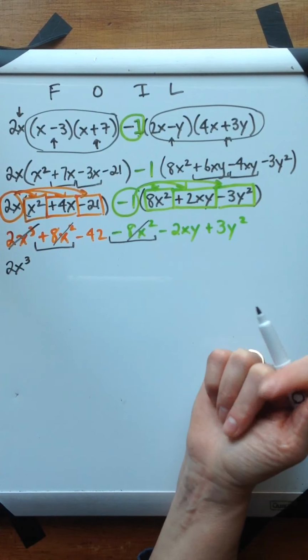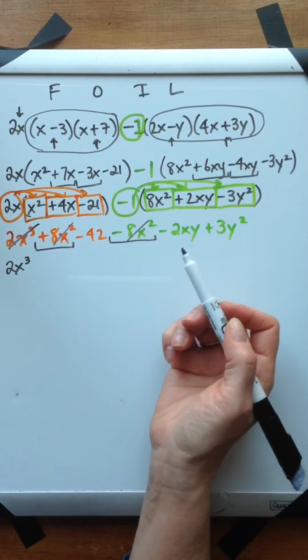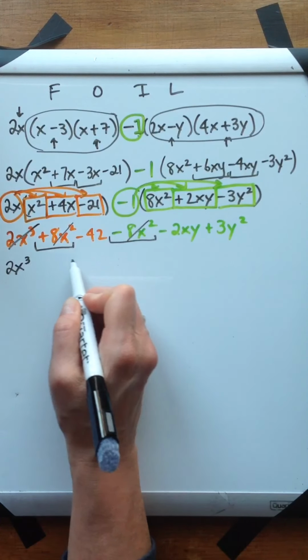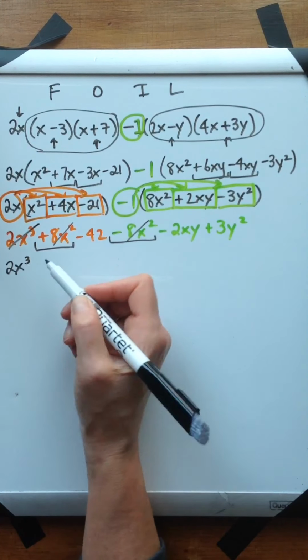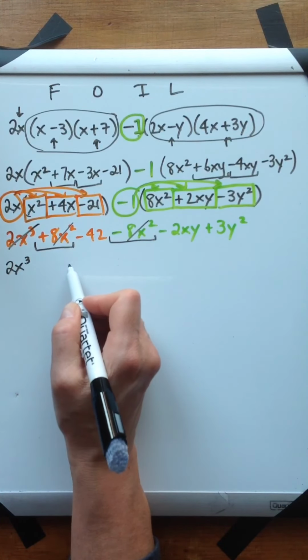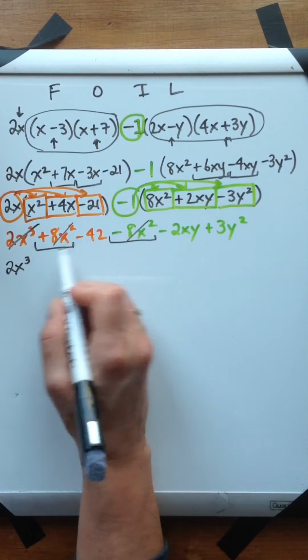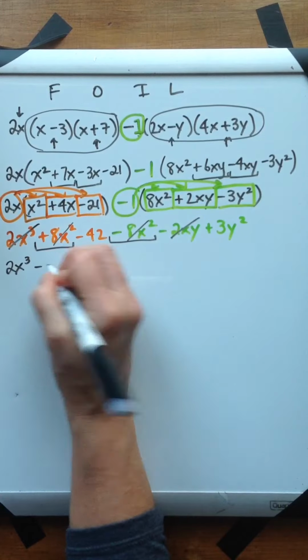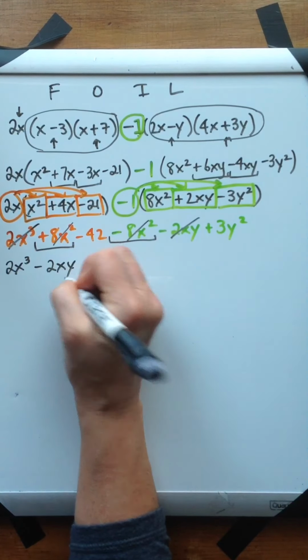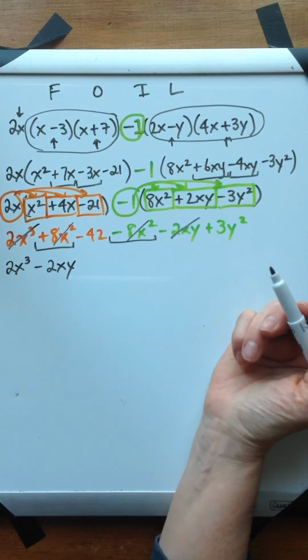I then see some other terms. And what I'm going to do is I'm going to write these in decreasing degree of x. So x cubed was the highest degree of x. X squared would have been the next one. There are none. So now I'm going to go x to the firsts. So I'm going to choose to write this one first. -2xy. Don't forget the sign as well.